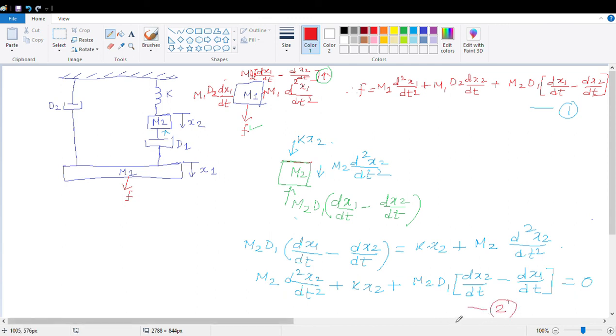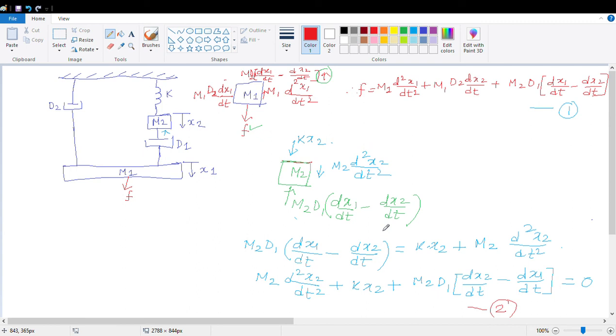If a model is given, we have to consider how many masses are present, and apply the free body diagram on each mass. The free body diagram means the individual forces acting; we consider all individual forces and how they oppose one another, so that the mass is at static equilibrium.